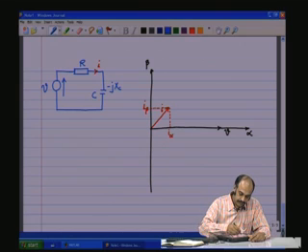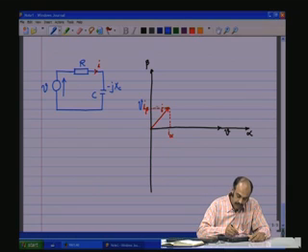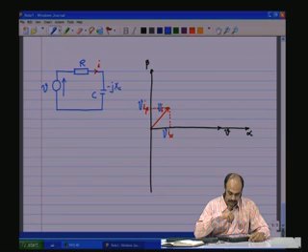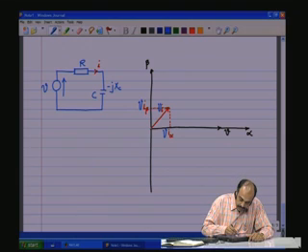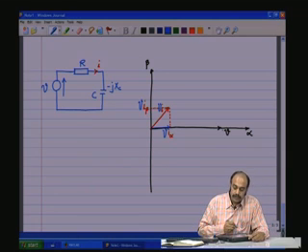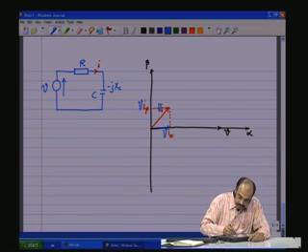So, what would happen is I have V into I beta, V into I, V into I alpha. That quantity which is in phase with the voltage, V into I alpha, is called the active power.